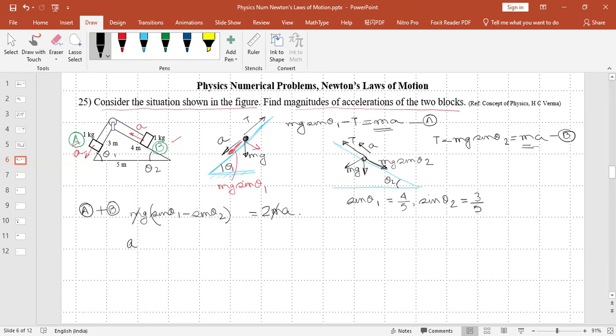From here, you can easily find the acceleration is equal to g by 10. That is the answer to the question of finding the magnitude of the acceleration of the blocks. The acceleration is g by 10. So let's stop here today. Next day we shall continue with a few more examples.